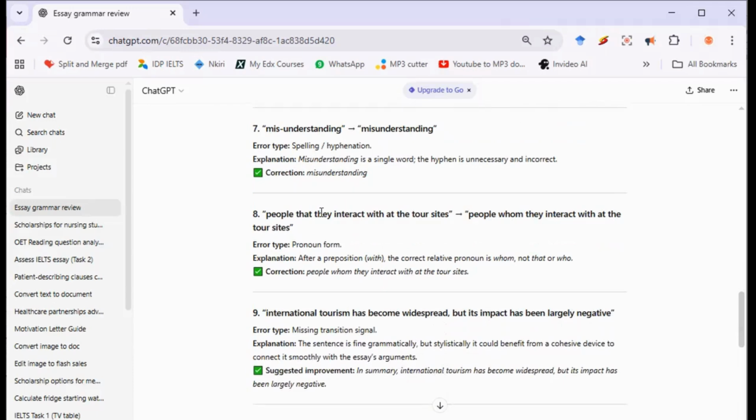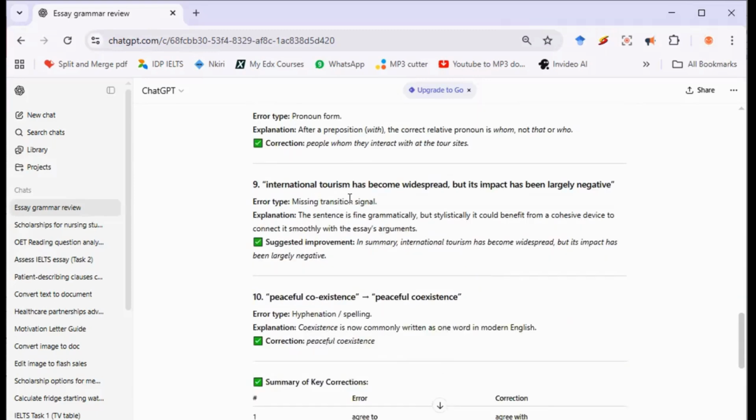Number eight, "people that they interact with at the tour sites." Okay. The word should be "whom", a pronoun: "people whom they interact with at the tour sites." Number nine, "international tourism has become widespread, but its impact has largely been positive." So, "in summary, international tourism has become widespread, but its impact has been largely okay."